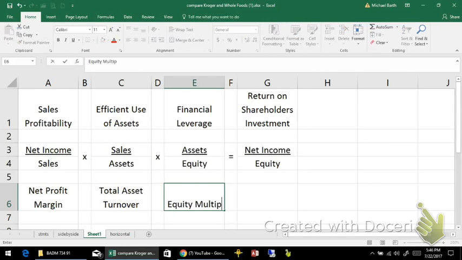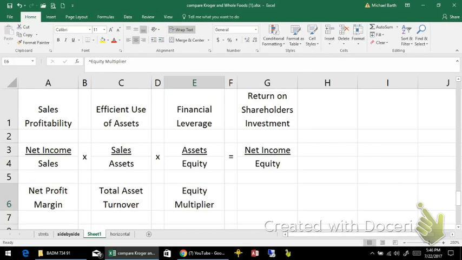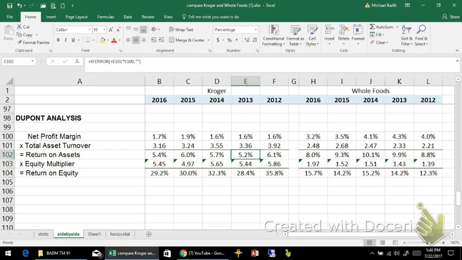So having this higher equity multiplier by using more debt or more liabilities to fund your assets creates this leverage effect. So Kroger doesn't make as much return on assets, but because they use more OPM, other people's money, whether it is interest-bearing, such as the short-term debt and the long-term debt, or non-interest-bearing, such as using a lot more accounts payable.